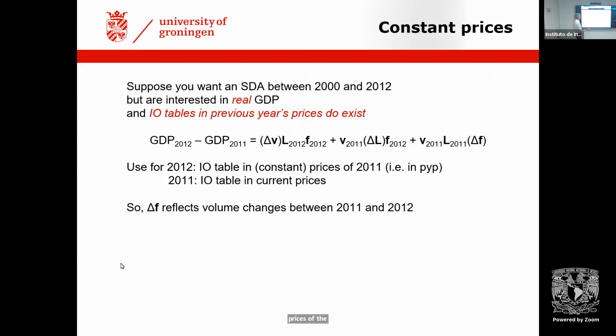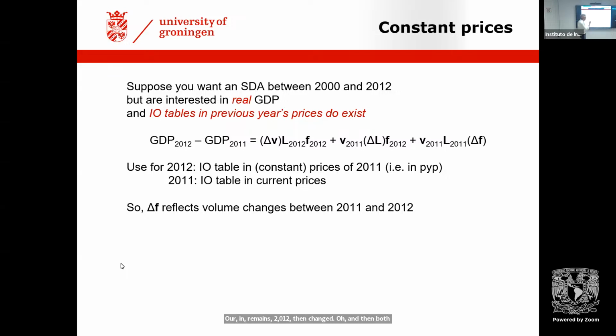Let's again look at 2012 and 2000. The first step is to look at the change in GDP between 2012 and 2011. One of the polars gives you 2012 here, change V. So V now becomes 2011. Final demand remains 2012, then change L, and then both become 2011.